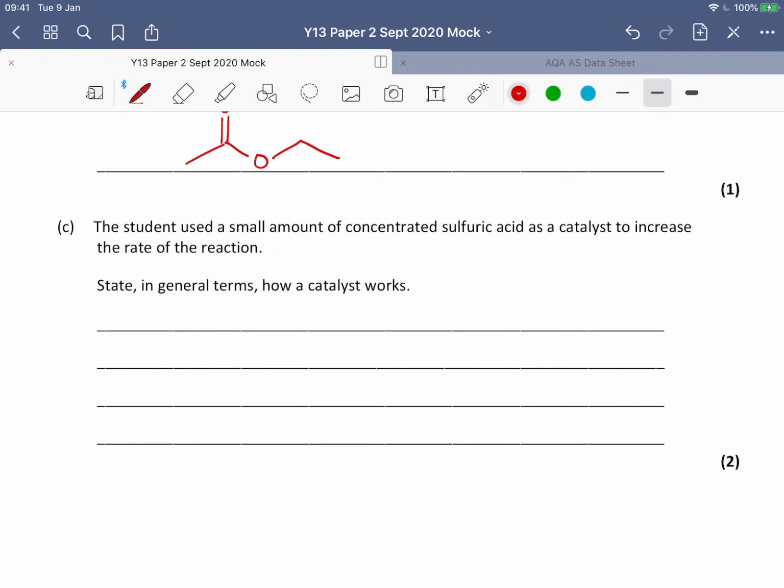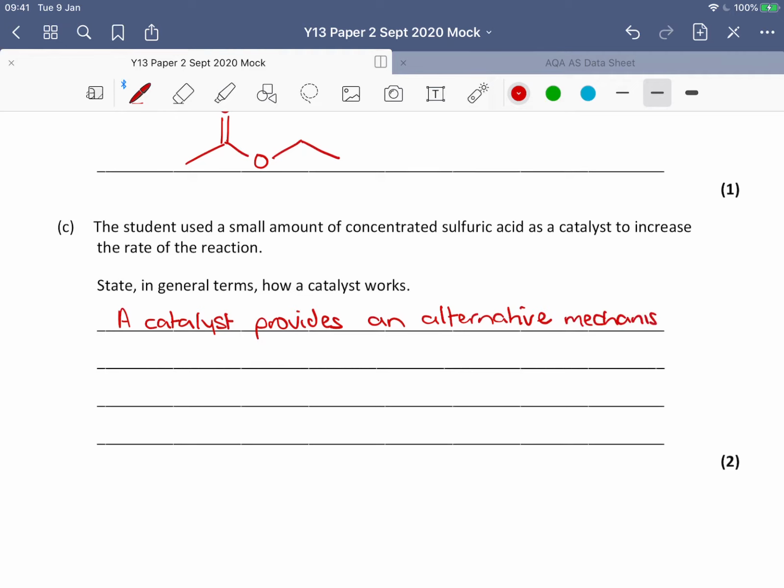So the way a catalyst works is that it provides an alternative pathway, and you may get away with that, and I've marked that correct, or an alternative route. But I think we can be a little bit more sophisticated than that, and that's what we should be trying to do. So what it's actually providing is an alternative mechanism.